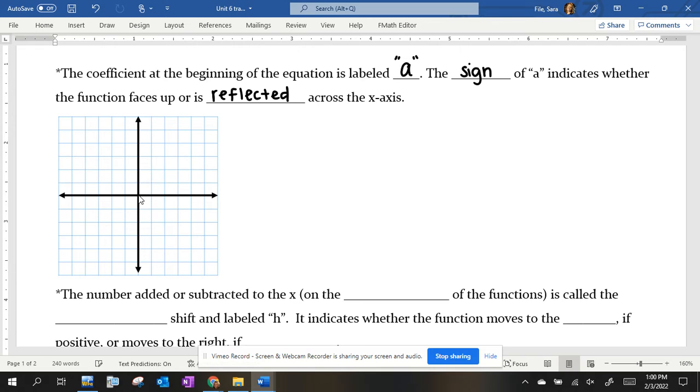For the sake of consistency with my other classes and all of these notes, I'm going to use the radical function, because that's what I used in the last class, as a base. So we're just going to call this our f of x.